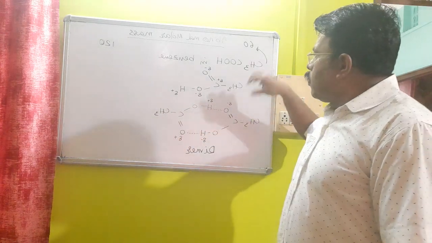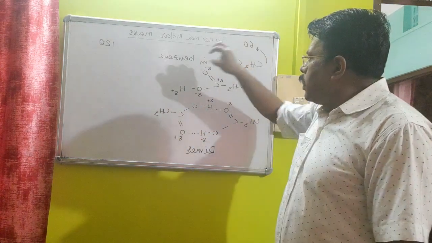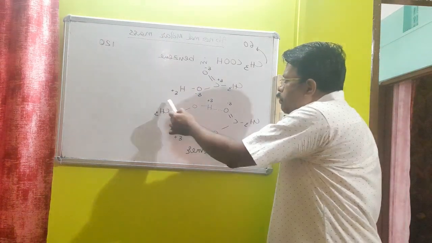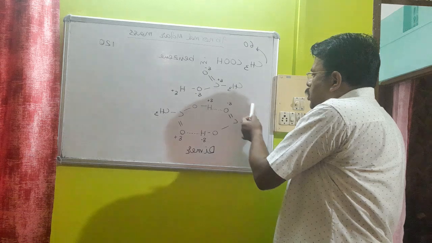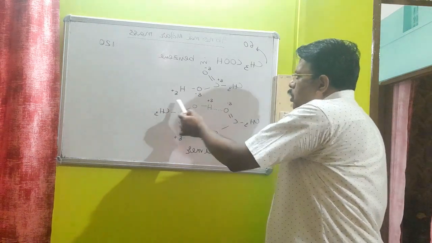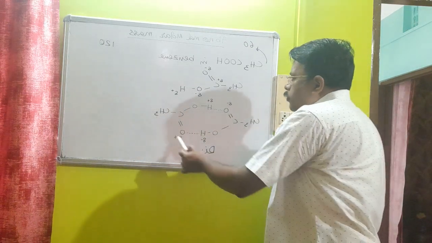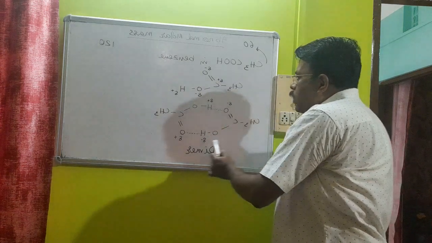So when you have acetic acid in benzene, it is this particle which is present in the solution. Dimer is the effective particle.